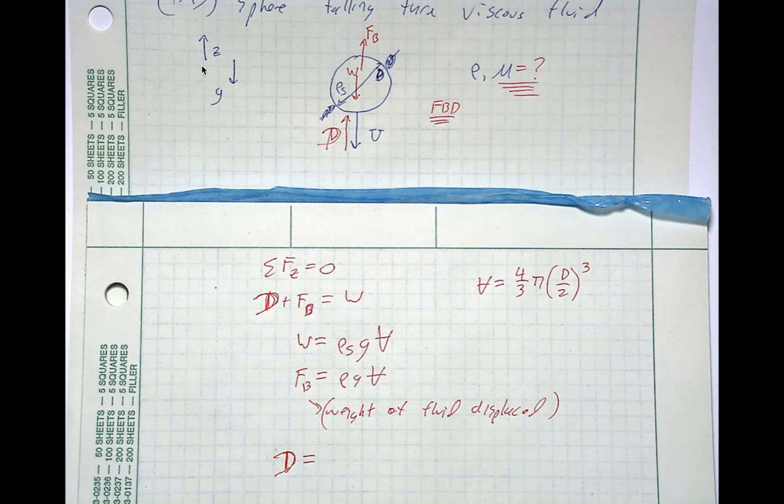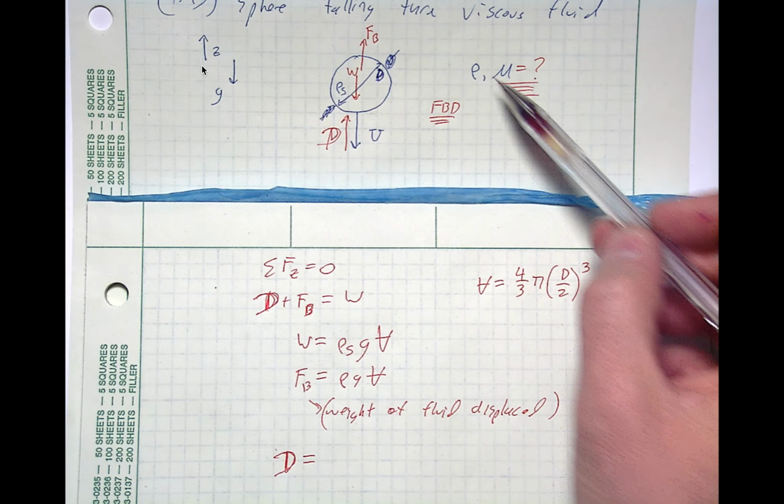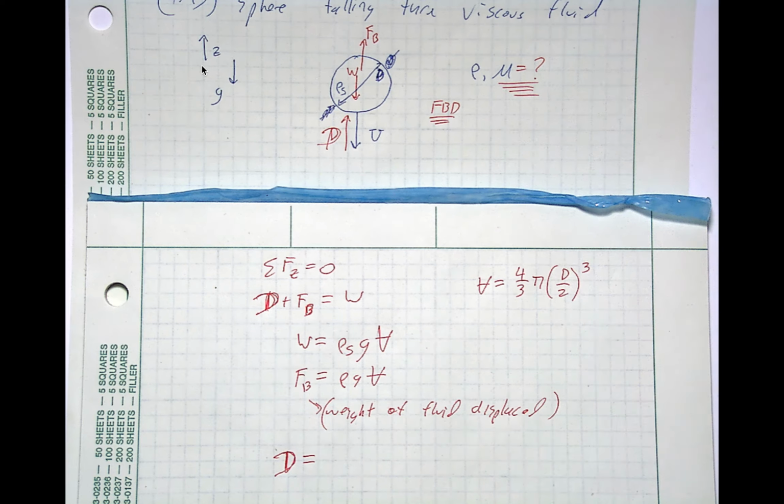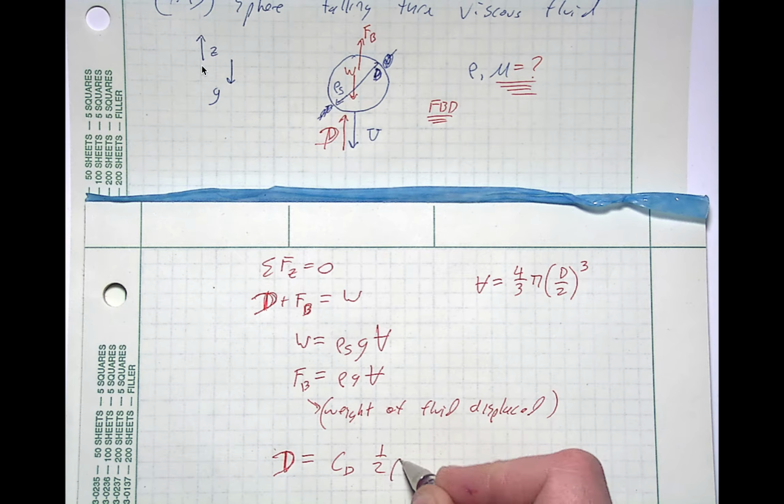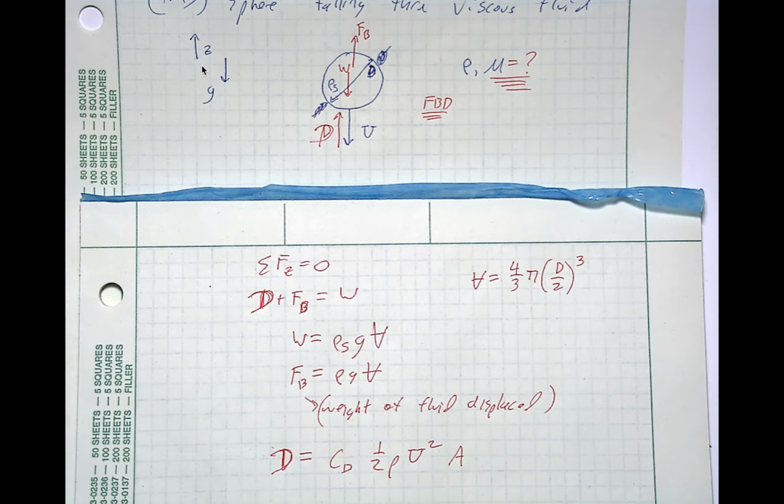All right. So you guys tell me, what is a drag force? Weight minus a buoyant force. But how can we write it in terms of the other known quantities or the other quantities we want to relate this to? There it is. And times the area. So what is the area here?